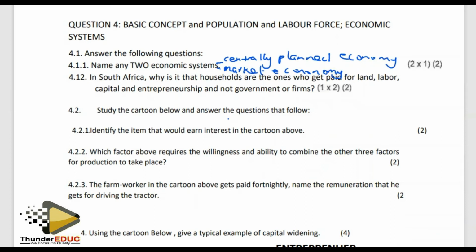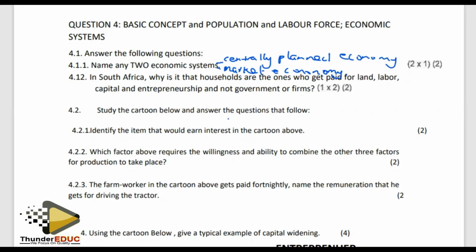4.1.2, in South Africa, why is it that households are the ones who get paid for land, labor, capital, and entrepreneurship when the government offers?